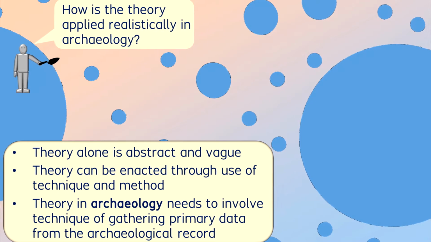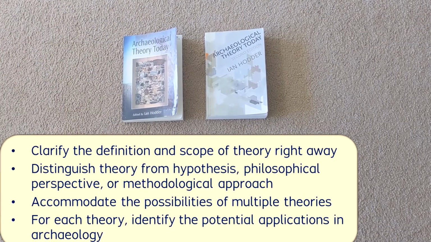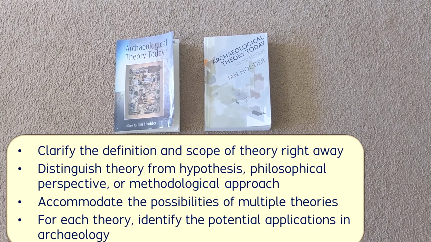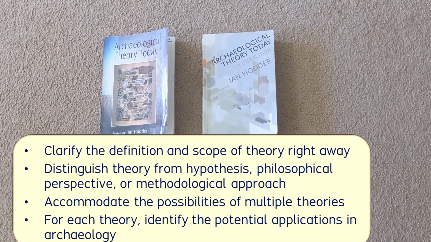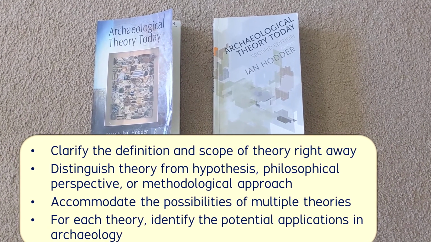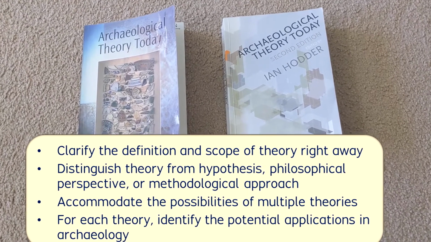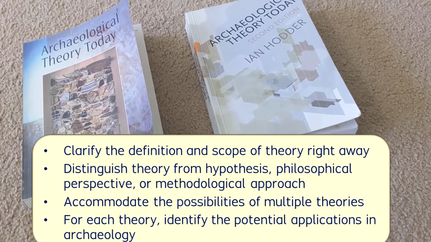For practical reasons, any discussion of theory needs to recognize the relations with technique and method, but the scope and definition of a theory should be clarified in its own terms. In my view, this clarification needs to be established right away, preferably in an introductory chapter of a book about theory.